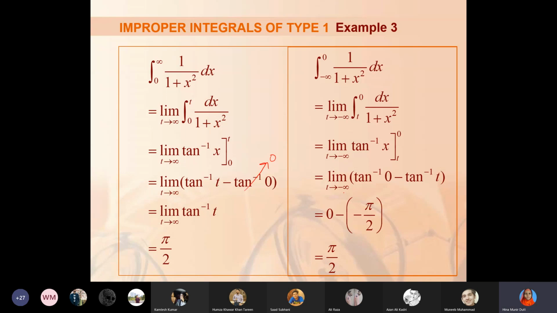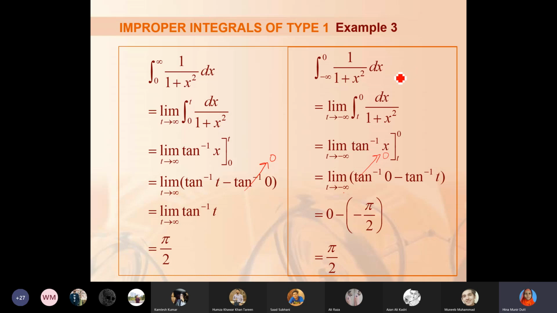Integral of 1 over 1 plus x square with respect to x is tan inverse of x. Putting the limit of integration, this tan inverse of 0 becomes 0, and minus tan inverse of t. Tan inverse of minus infinity is minus pi by 2. So minus into minus pi by 2.